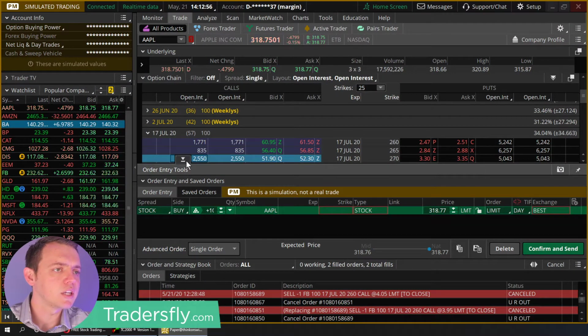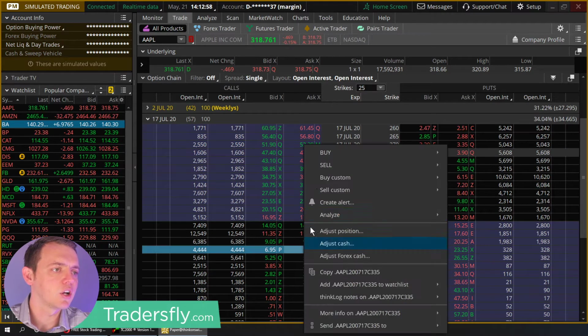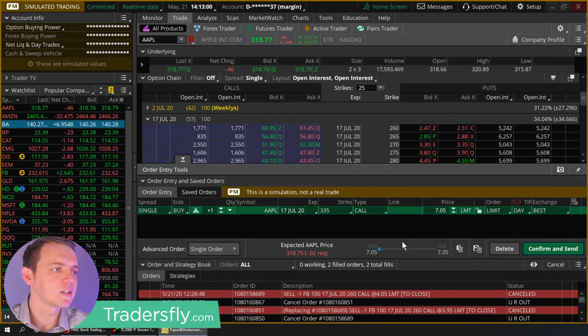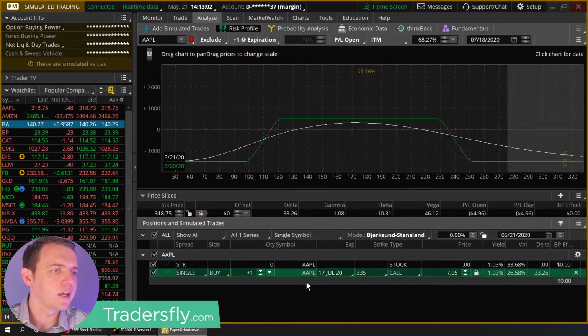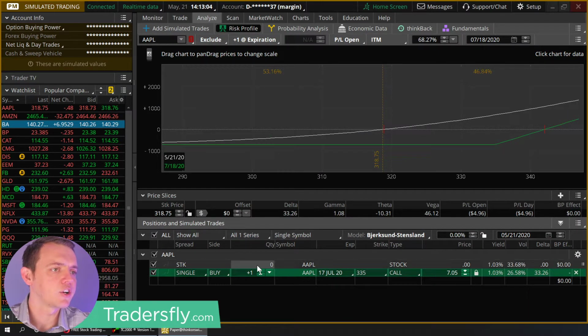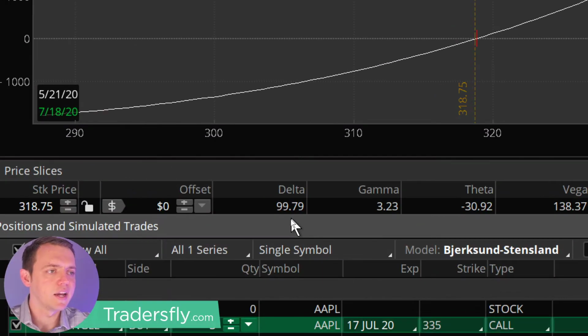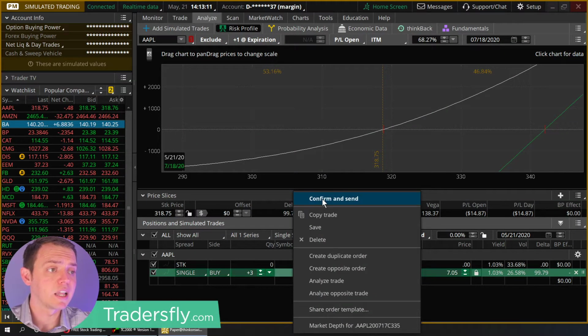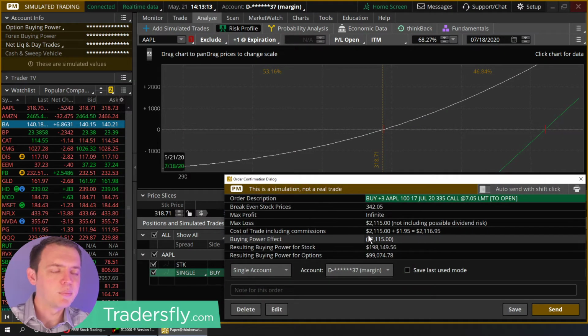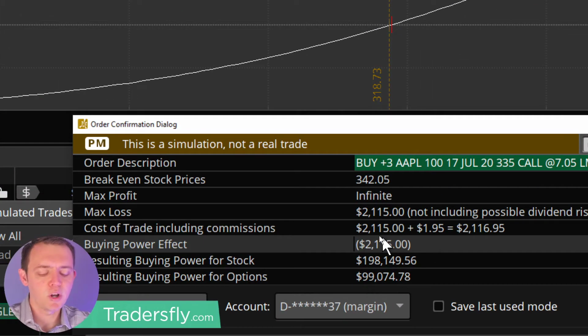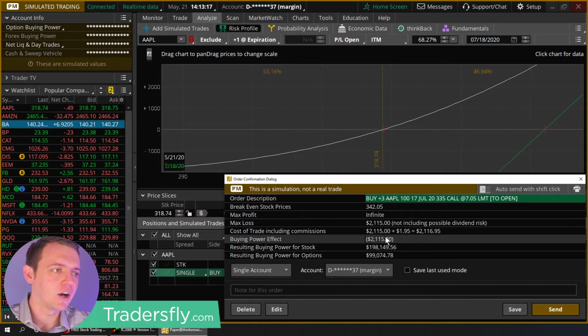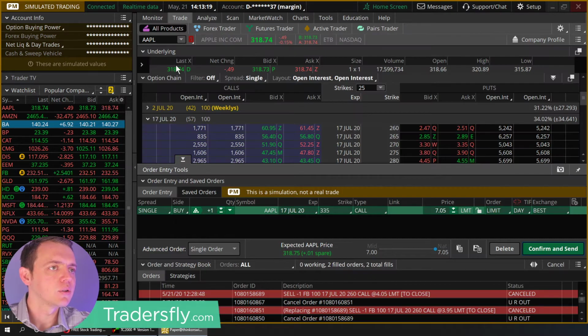Now, what you can do with the option contract is buy a single option contract, and instead of 100 shares, here we've got a delta of 99.79, which means it moves like 100 shares of stock, but we're only paying $2,115 for this.